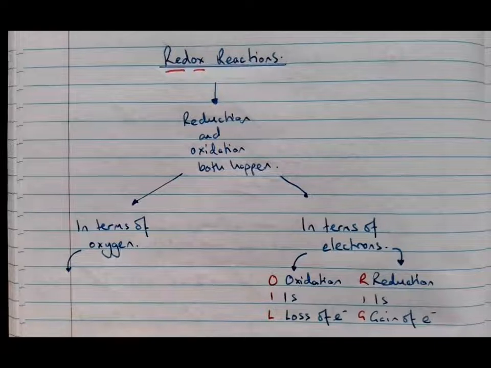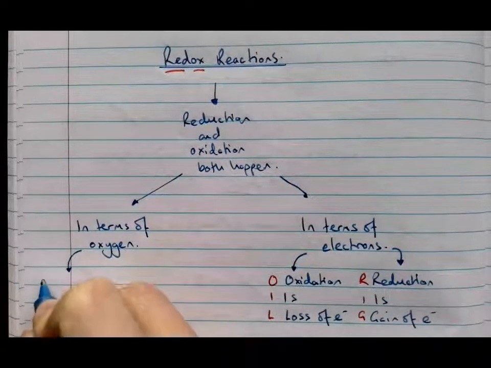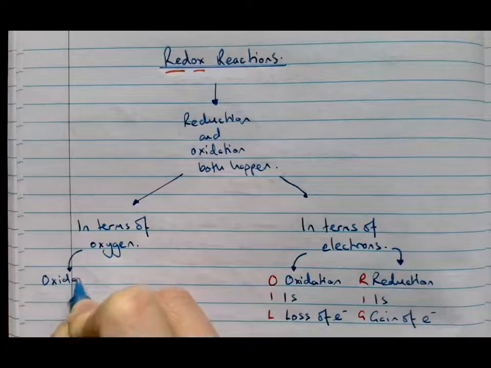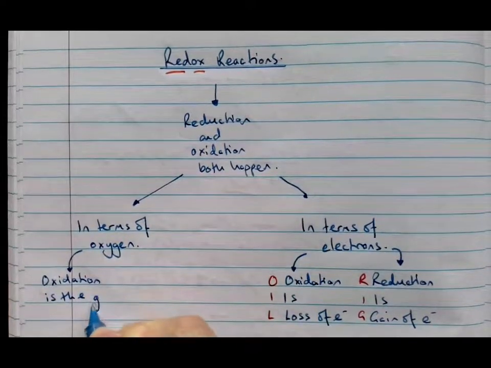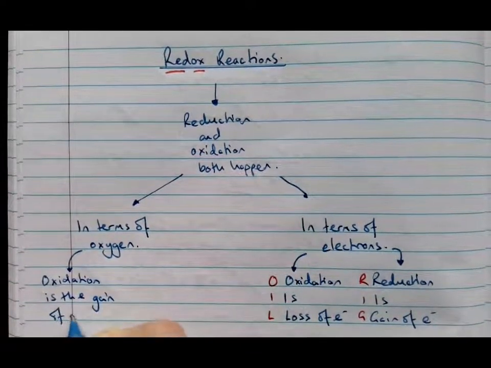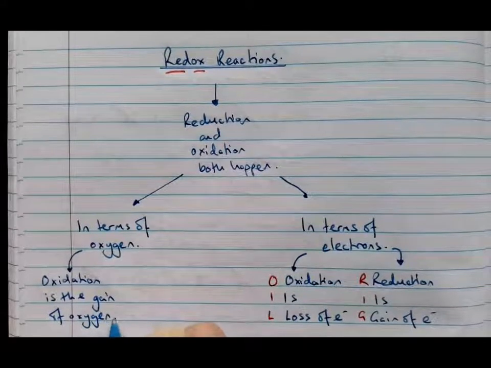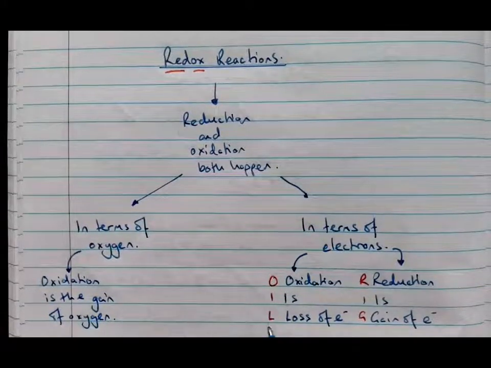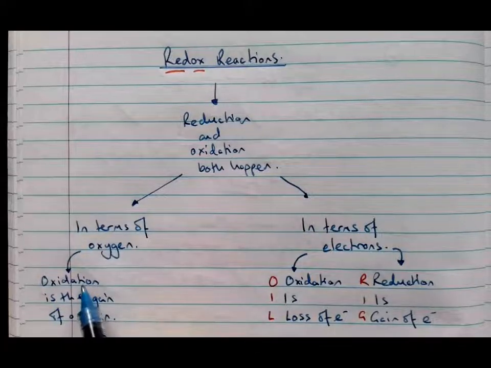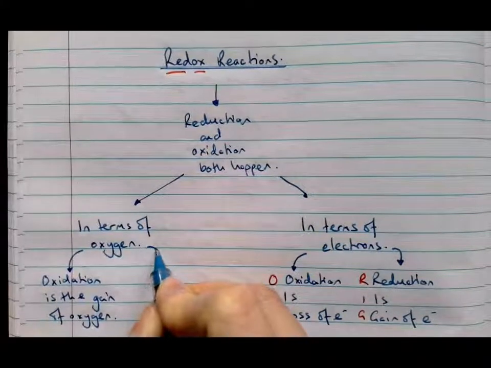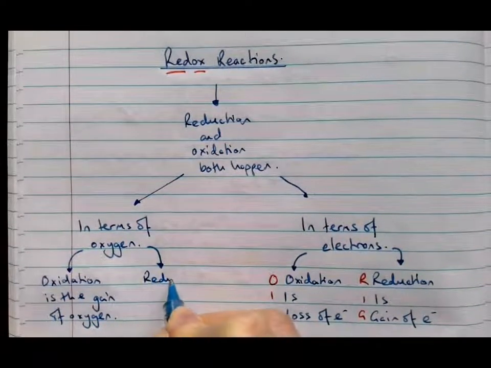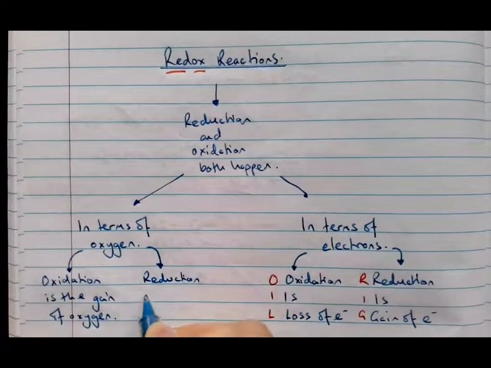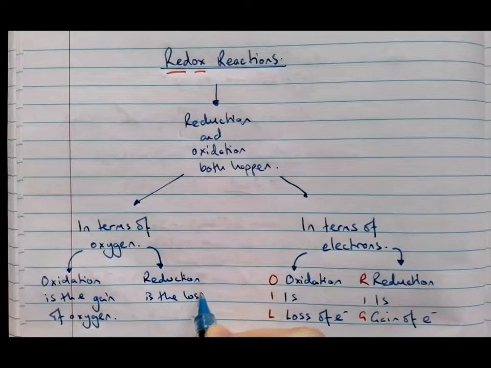So, unsurprisingly, oxidation is the gain of oxygen. And hopefully you don't need a special mnemonic to remember that, because the clue is in the name. Okay, so if oxidation is the gain of oxygen, then reduction is the loss of oxygen.